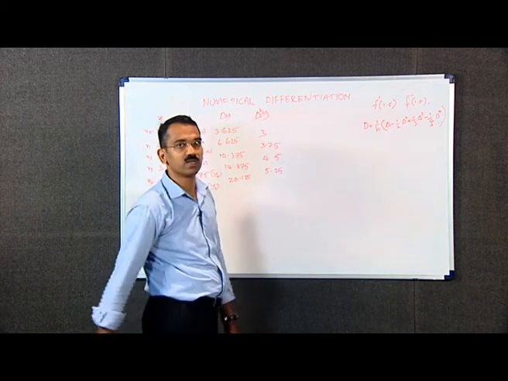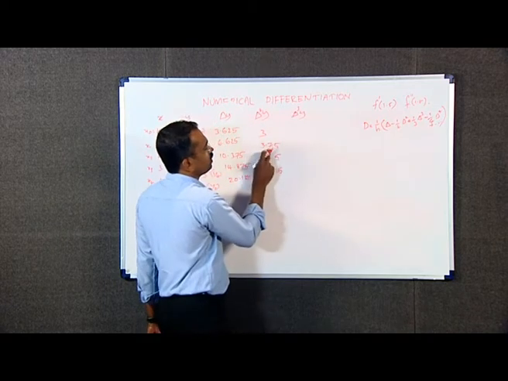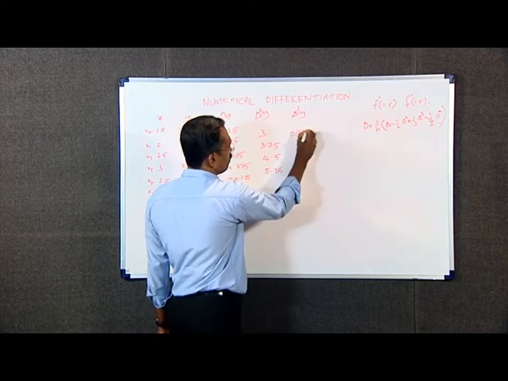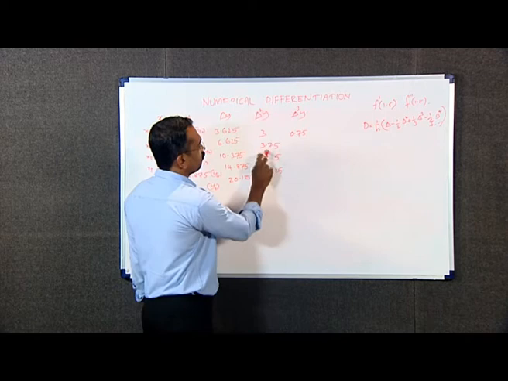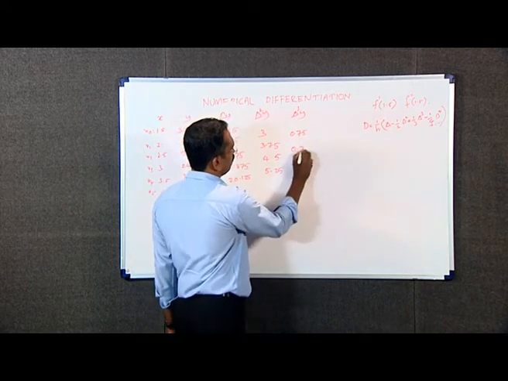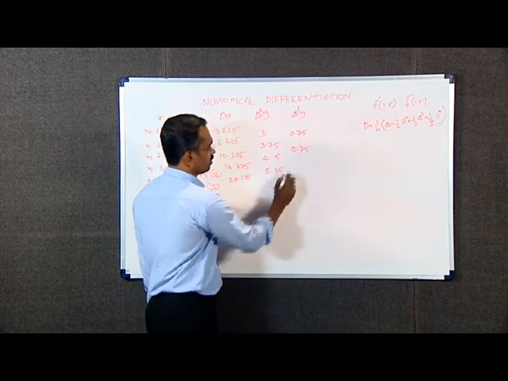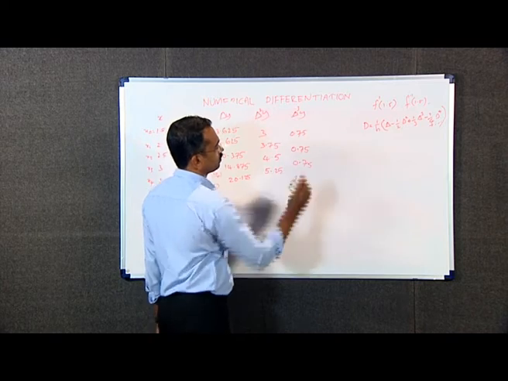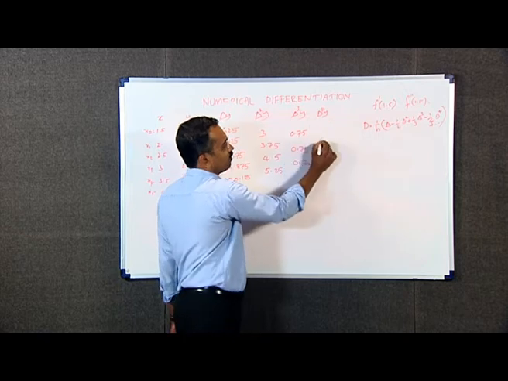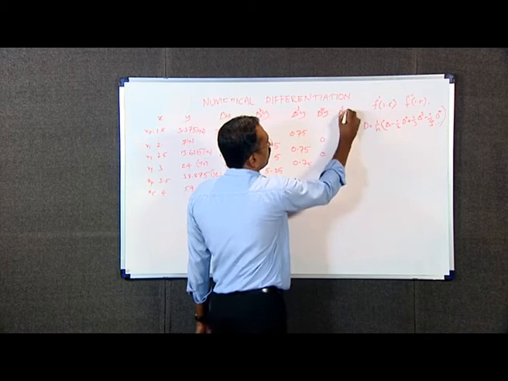These are the second order differences. The third order differences are 3.75 minus 3, which is 0.75; 4.5 minus 3.75 is 0.75; and 5.25 minus 4.5 is again 0.75. The fourth order differences, delta raised to 4 y, are both 0, and the fifth order also is 0.